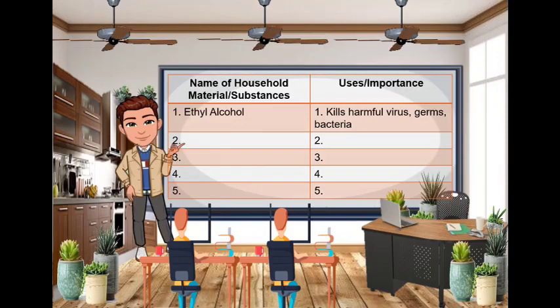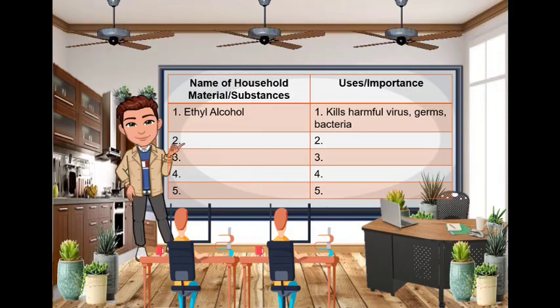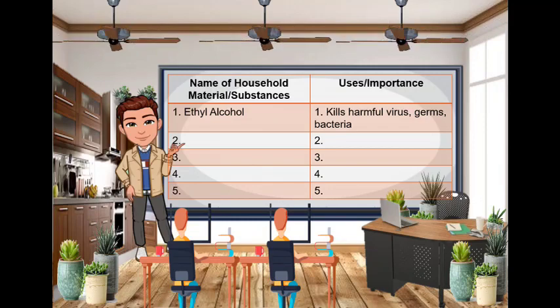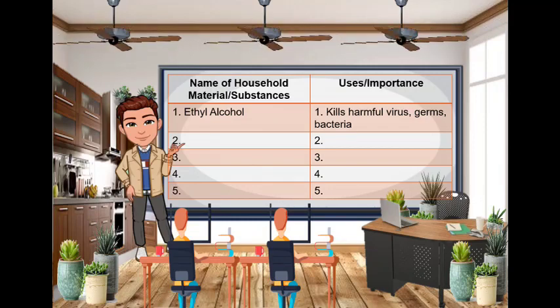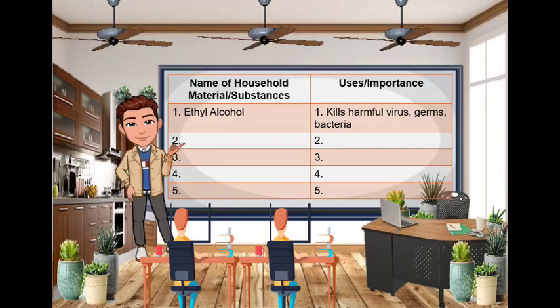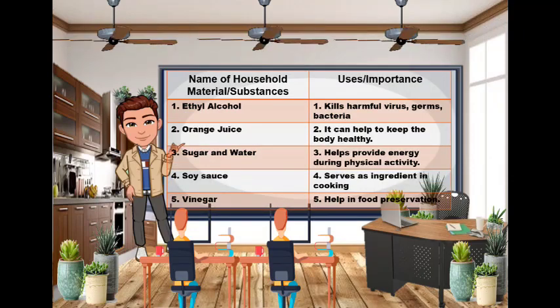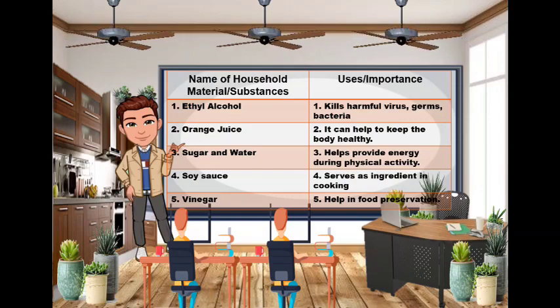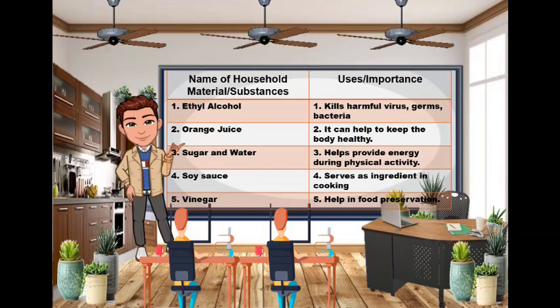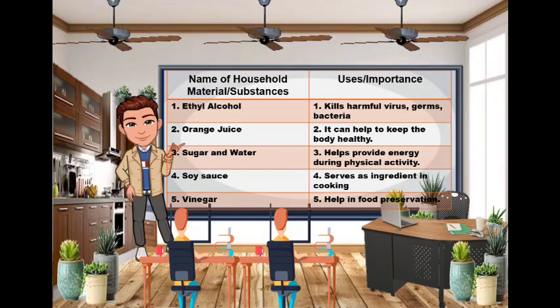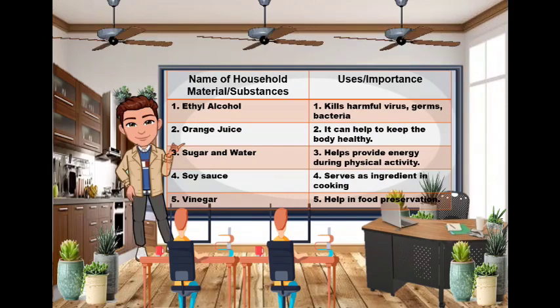So number 1 is ethyl alcohol. Its uses or importance: it kills germs, virus, and bacteria. So another, we have orange juice. It can help to keep the body healthy because we can get vitamin C from orange juice.